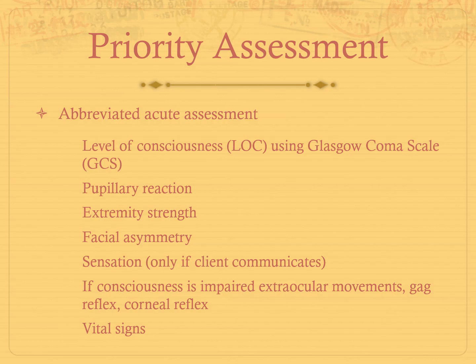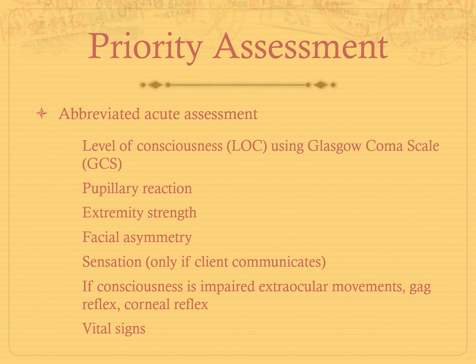Then we're looking at facial asymmetry, which provides us information about cranial nerve 7 function for possible stroke. So we're asking our patients to smile, show their teeth, puff out their cheeks, raise both eyebrows, close their eyes tightly, and we're observing for facial droop, any flattening of the nasolabial fold, unequal eyebrow movement, and difficulty closing one eye.